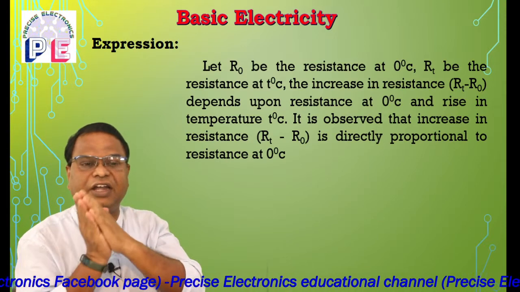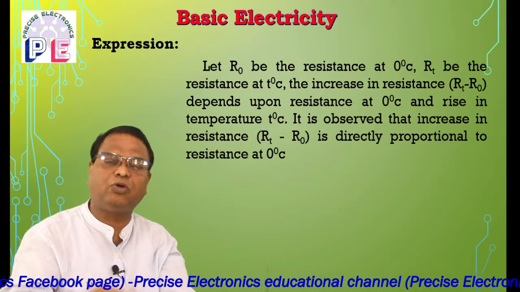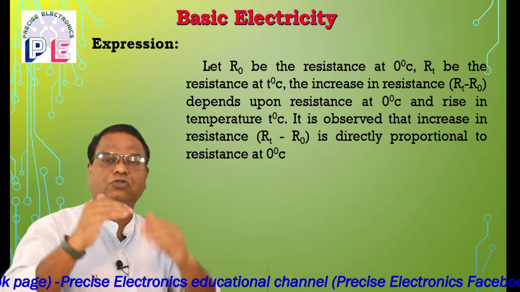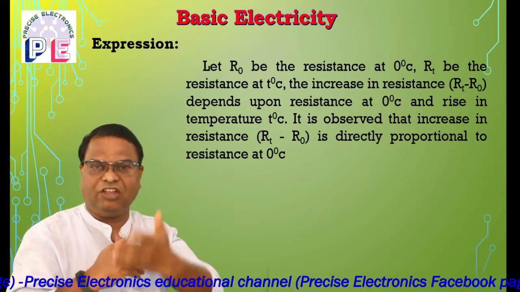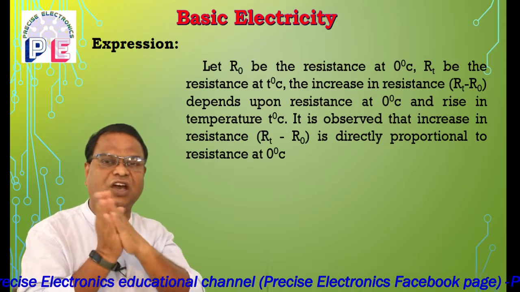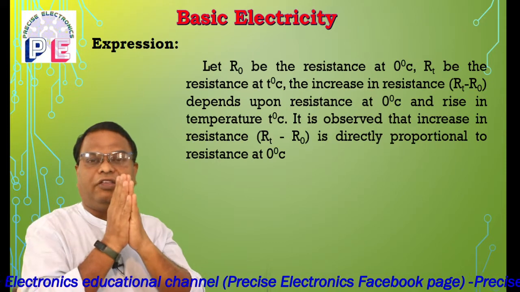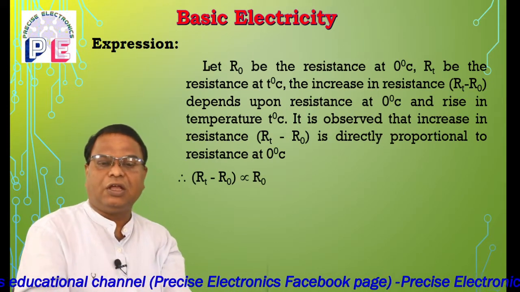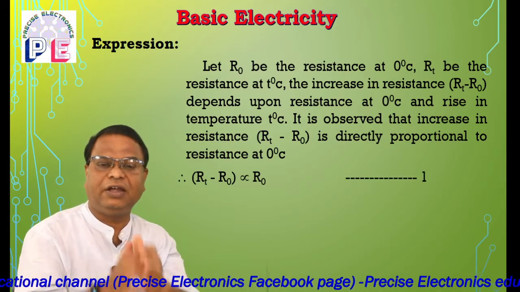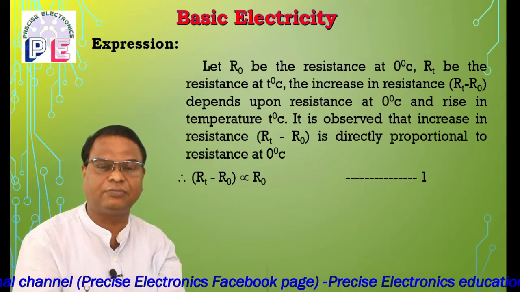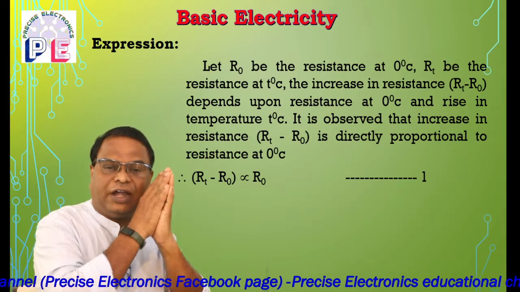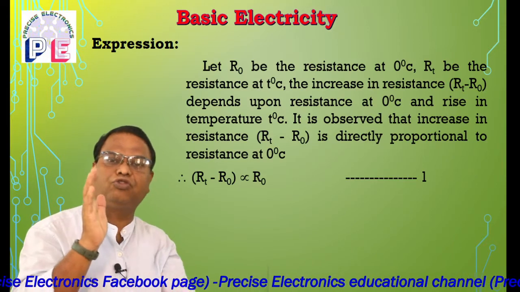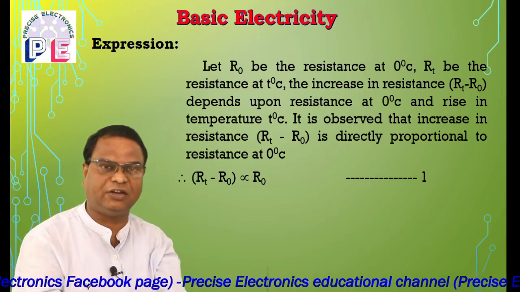So the difference RT minus R0 depends upon the resistance at 0 degree centigrade, that is R0. The value of resistance gets changed, and that difference RT minus R0 is directly proportional to the resistance at 0 degree centigrade.